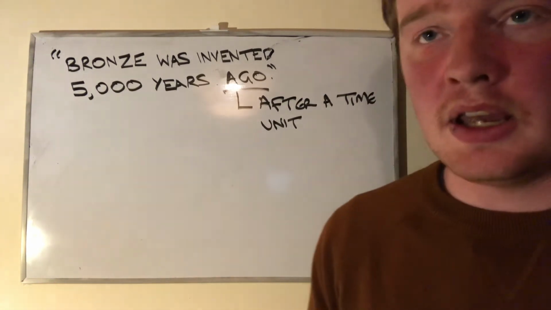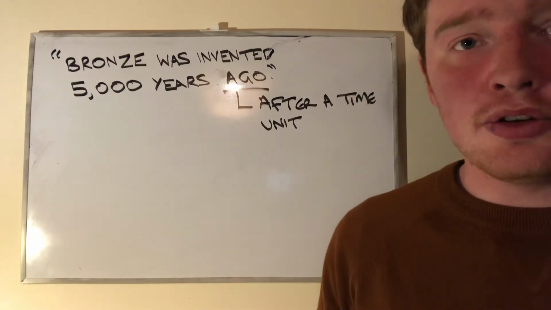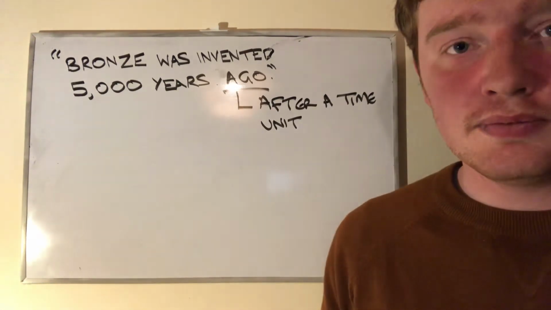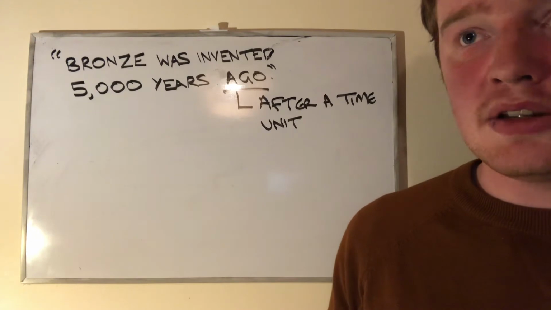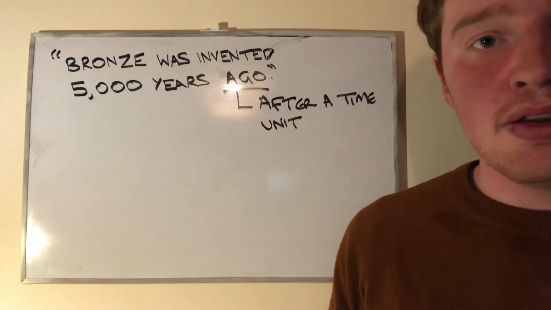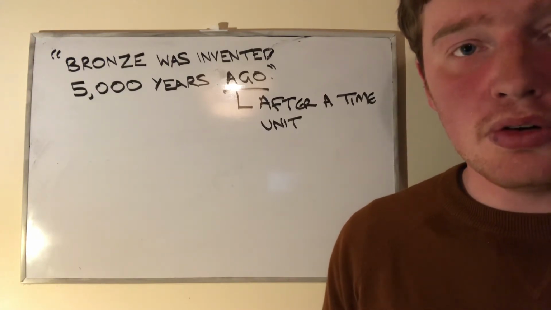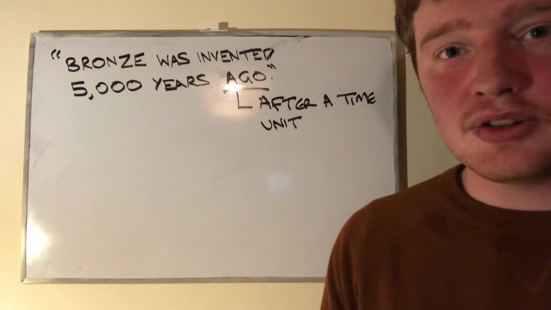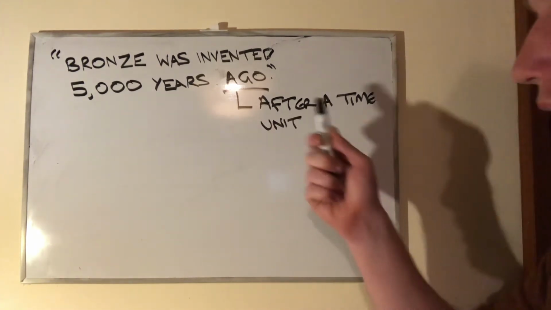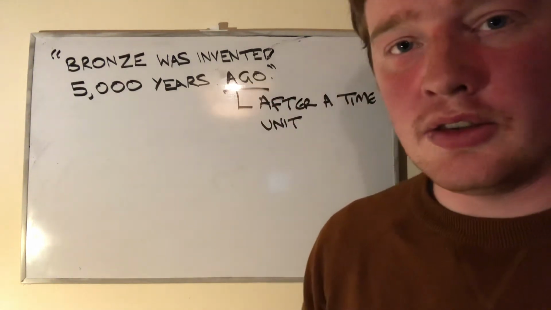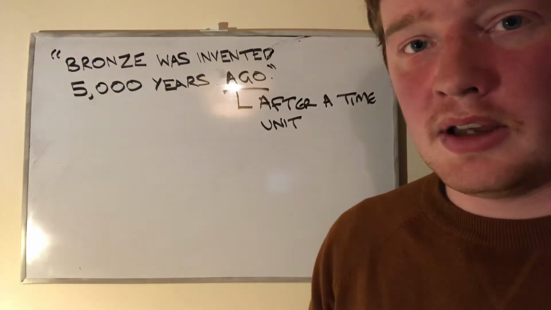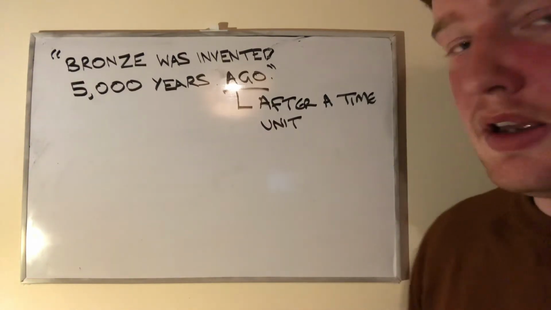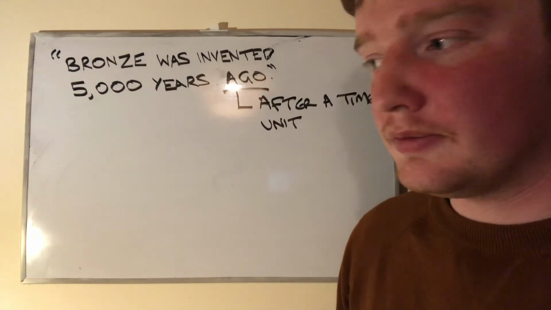Or you could say, I have been learning Spanish and I began learning 3 years ago. Notice the time unit again, 3 years. So I'm using ago to indicate the duration of an action or an event after a time unit.